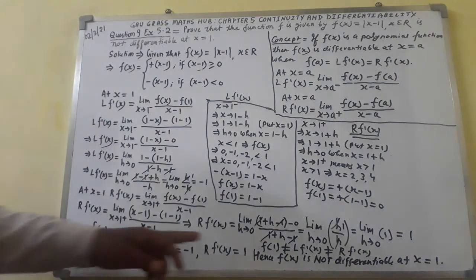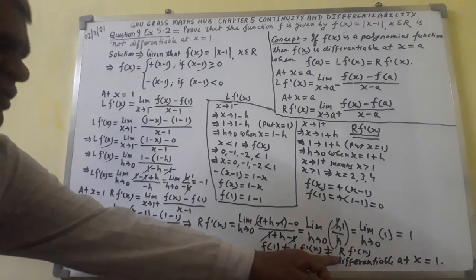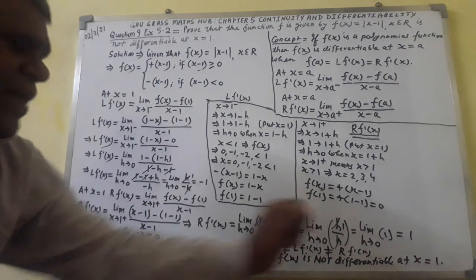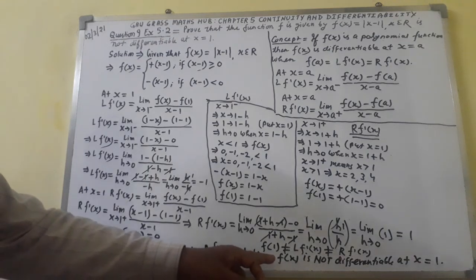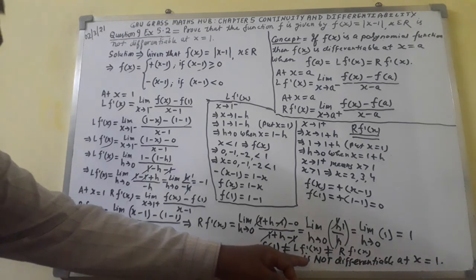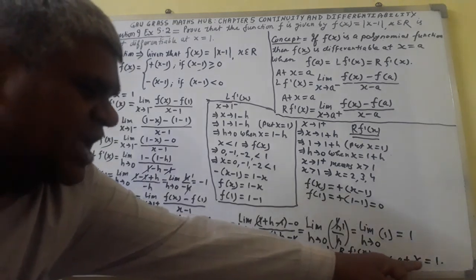F of 1 is not equal to left hand derivative of f of x is not equal to right hand derivative of f of x. Hence, f of x is not differentiable at x equal to 1.